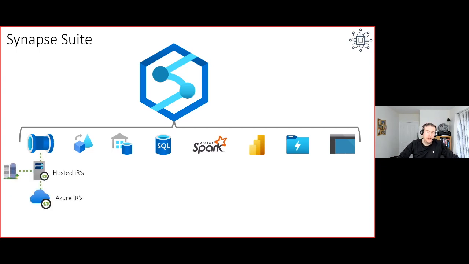Well, let's focus on our pipelines to begin with, our integration pipelines. We have our hosted integration runtimes, our Azure integration runtimes. Sadly, we don't have linked integration runtimes at the moment, and we also don't have SSIS integration runtimes. And perhaps just to be clear, there's no ability to run SSIS packages within our Synapse pipelines.